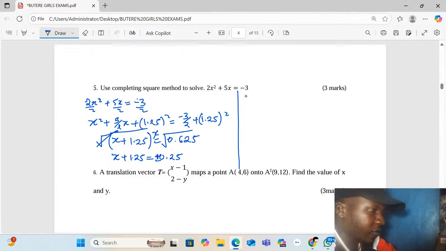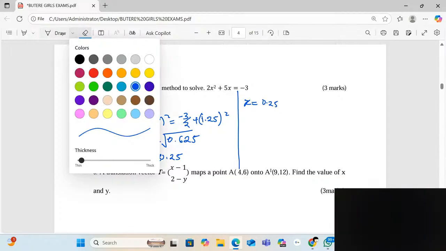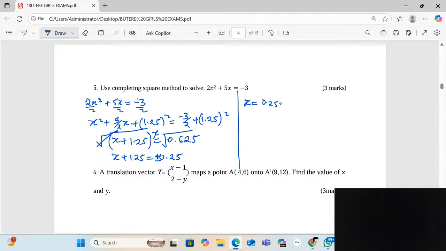So our values of x. The first one we say it's positive, plus 0.25. It is a positive 0.25. Now to this side is going to be negative.